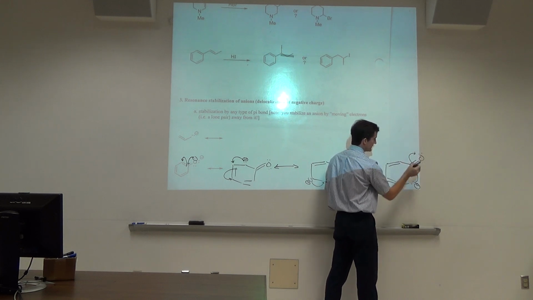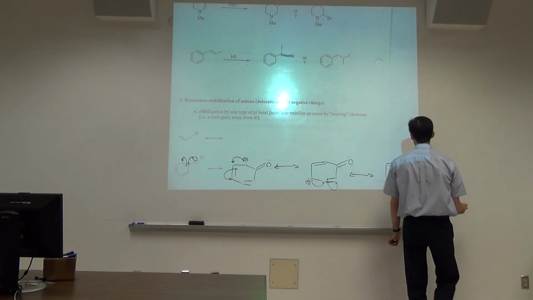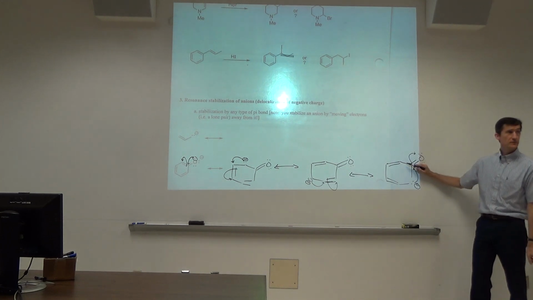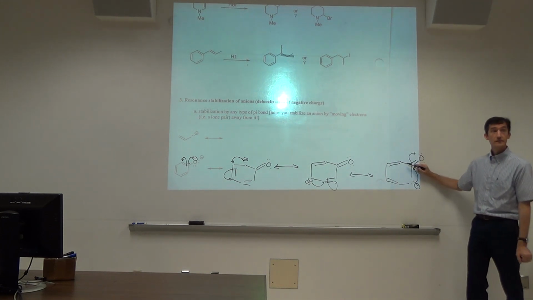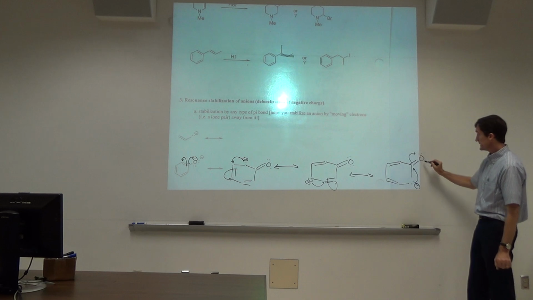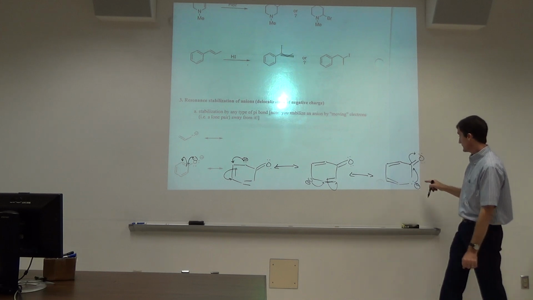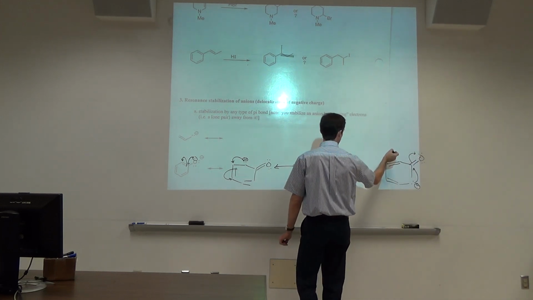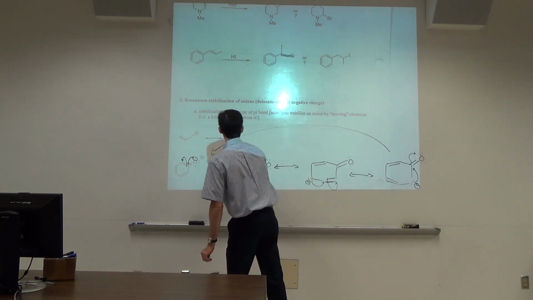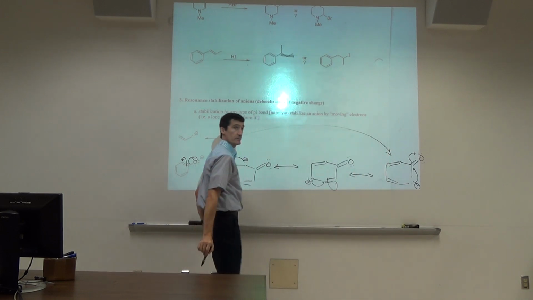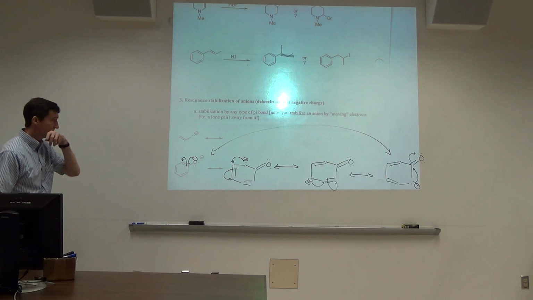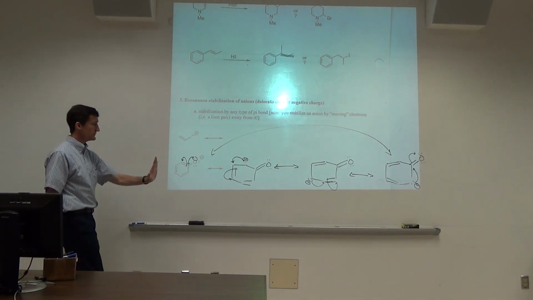Move pi bond out. Don't go moving any sigma electrons. Right? Pi electrons out. What does that do? What does that arrow movement do? It gives this back. 4 total resonance structures.